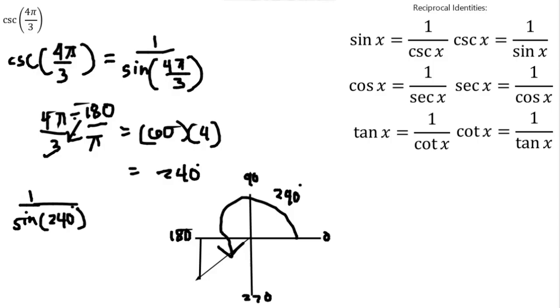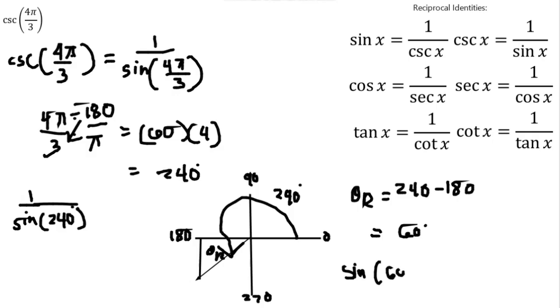We find the reference angle, which is 240 minus 180 degrees, so that's 60 degrees. And as we know, sine of 60 is root 3 over 2. Then we plug it into our unit circle and put a negative sign here. So 1 over sine 240 degrees is 1 over negative root 3 over 2.